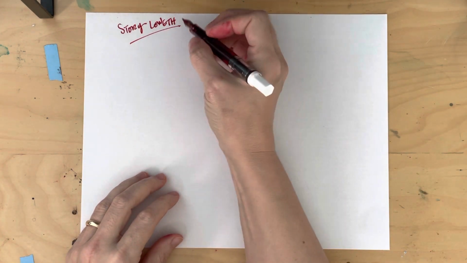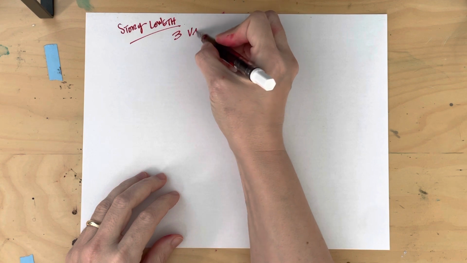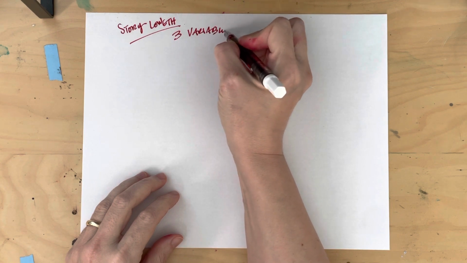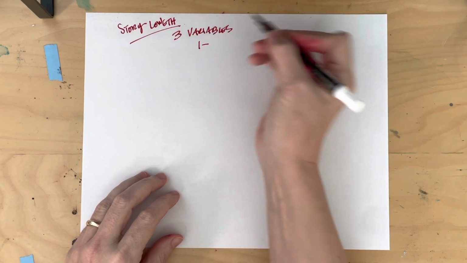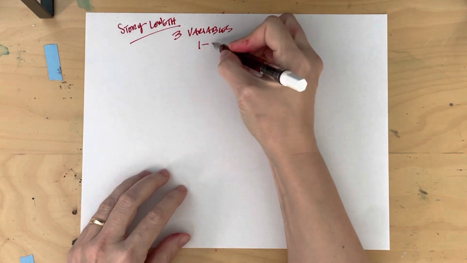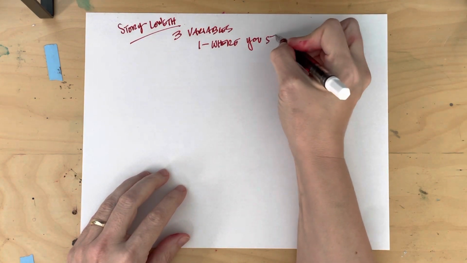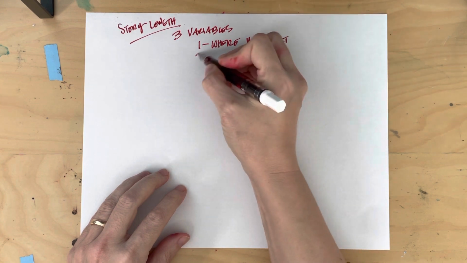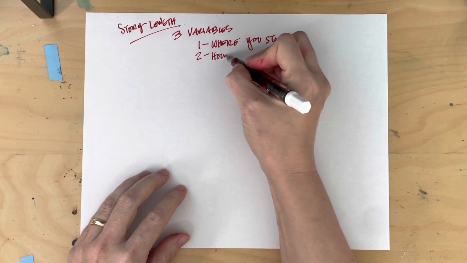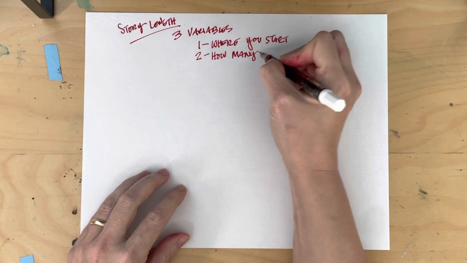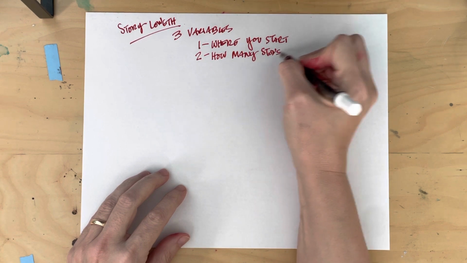To me, there are three basic variables, okay? The first is where you start. The second is how many steps to get there.